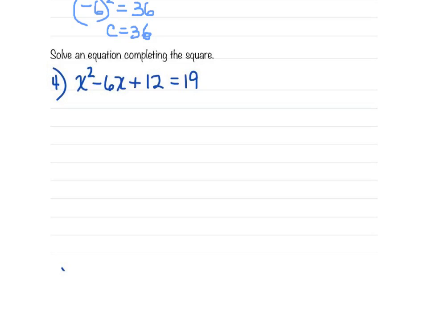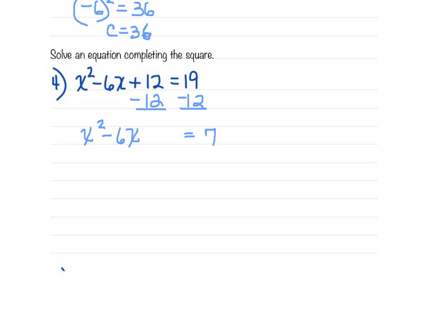We need to first make our equation into a perfect square trinomial. So let's remove the 12 that's on the left side of the equation. Bring down x squared minus 6x, you're going to leave a blank there, is equal to 19 minus 12, which is 7.